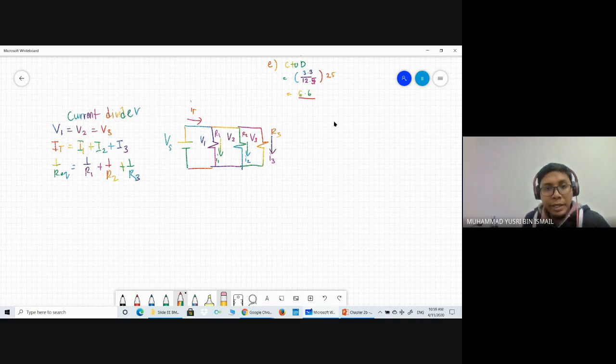Okay, now let's say we are going to use the current divider method to measure the current flowing at I1. I will use only 2 resistors just for example, so no need to go too advanced. I1 and I2.